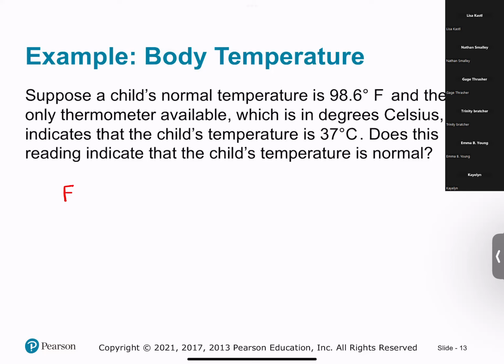Degrees Fahrenheit is 9/5 the degree in Celsius plus 32. So if I want to know the output, what is the output? F, when the input is 37. How can I determine that?